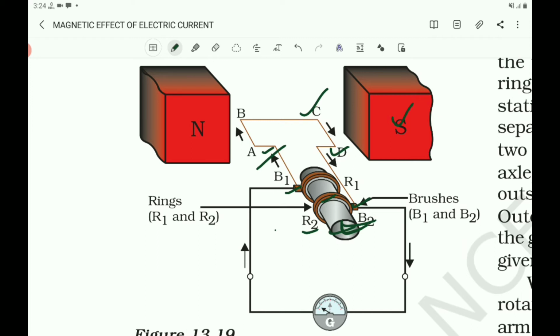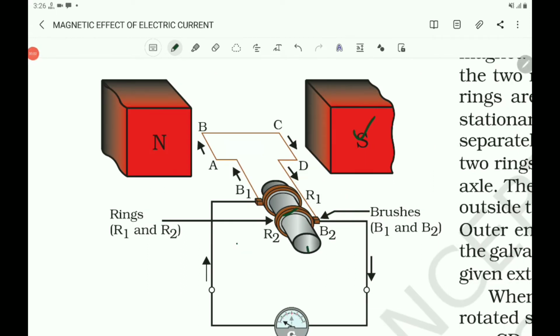And the outer ends of the two brushes are connected to the galvanometer. Here, see, the outer ends of the brushes are connected to the galvanometer. The galvanometer shows the flow of current in the given external circuit.